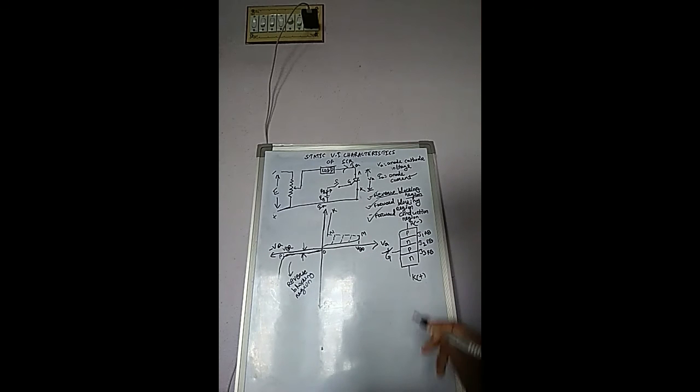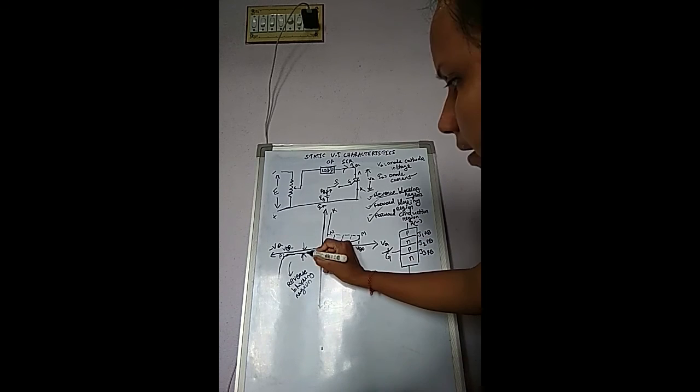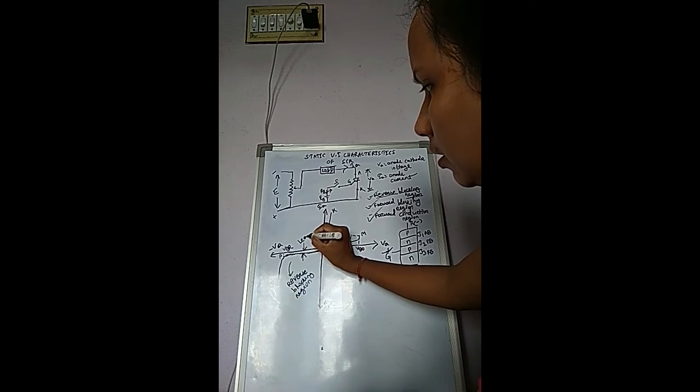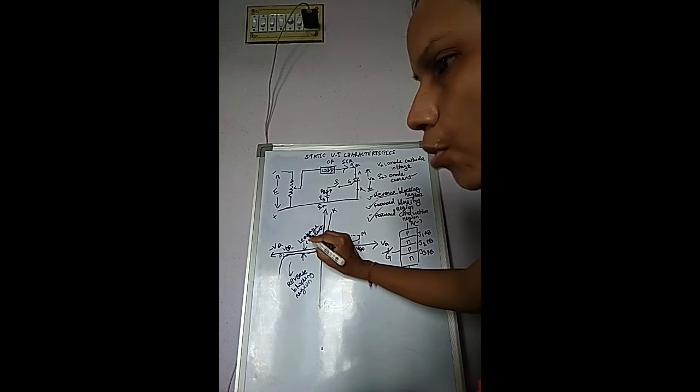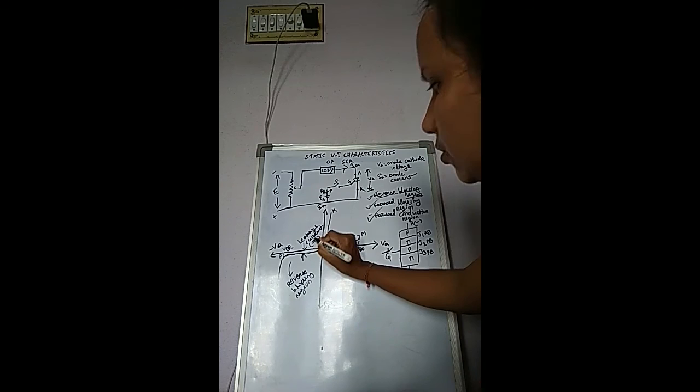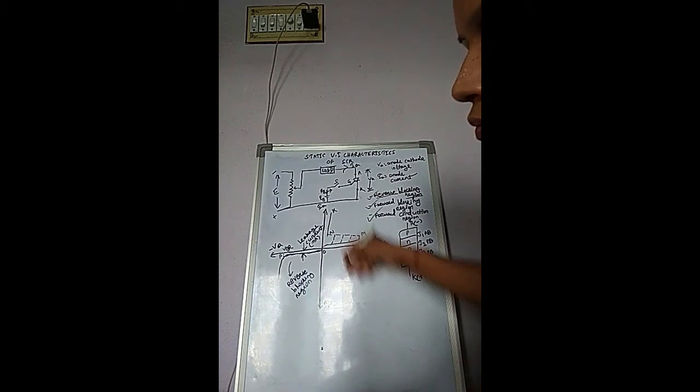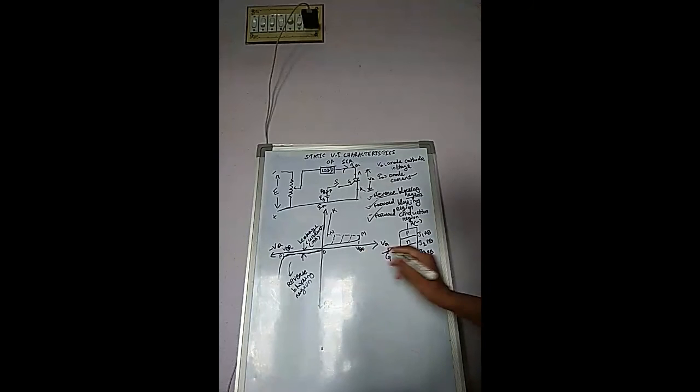In this reverse bias condition, the outer junction J1 and the junction J3 are reverse biased, and the middle junction J2 is forward biased. And only a small leakage current flows, in the milliampere range.